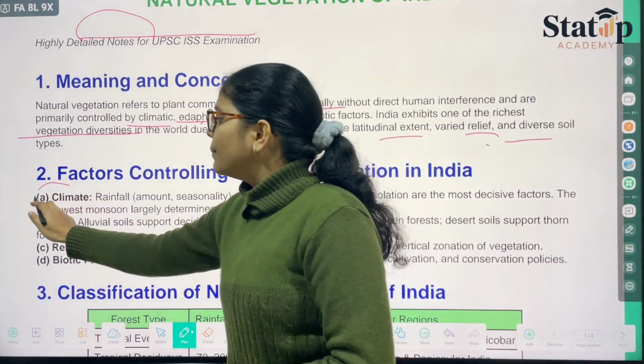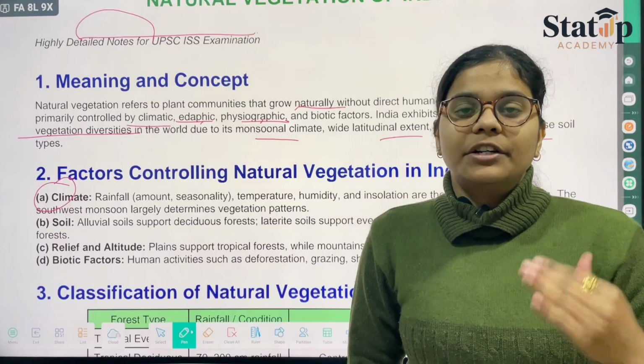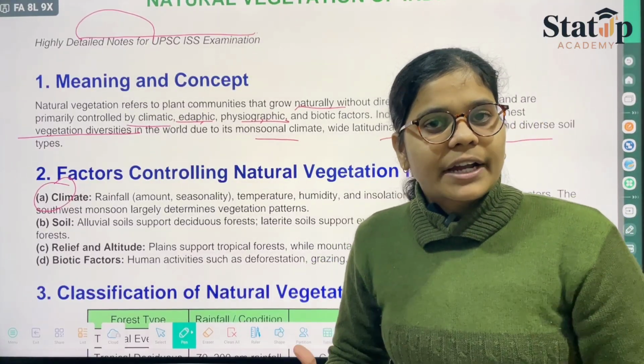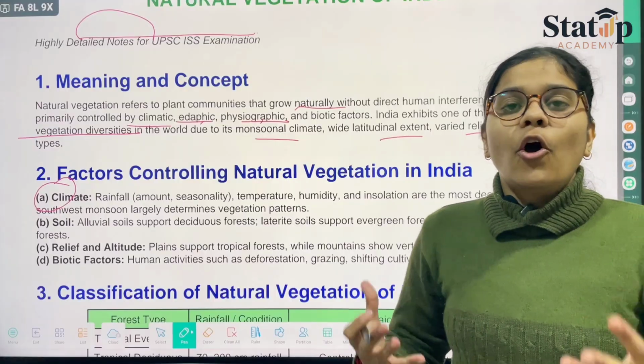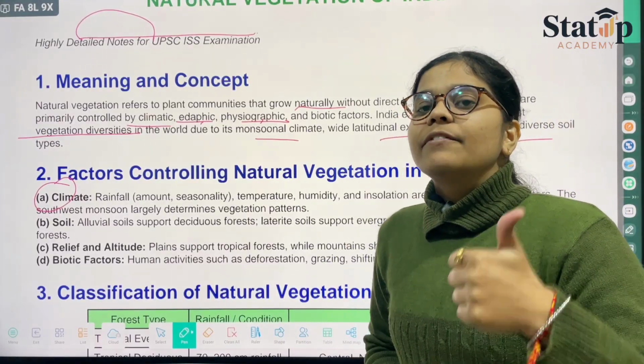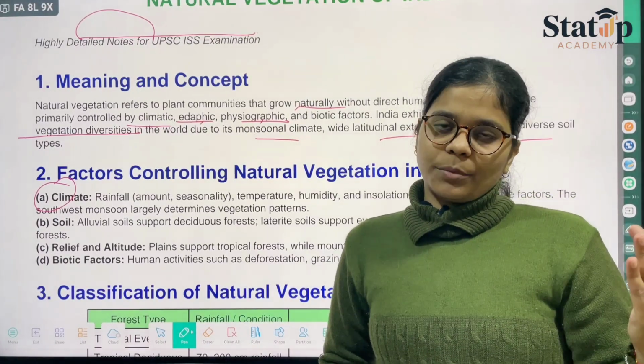First of all is the climate. We all know that the amount of rainfall the forest cover receives either intensifies it or degrades its value. If it is receiving a large amount of rainfall, the tropical monsoon type of forest would be found.